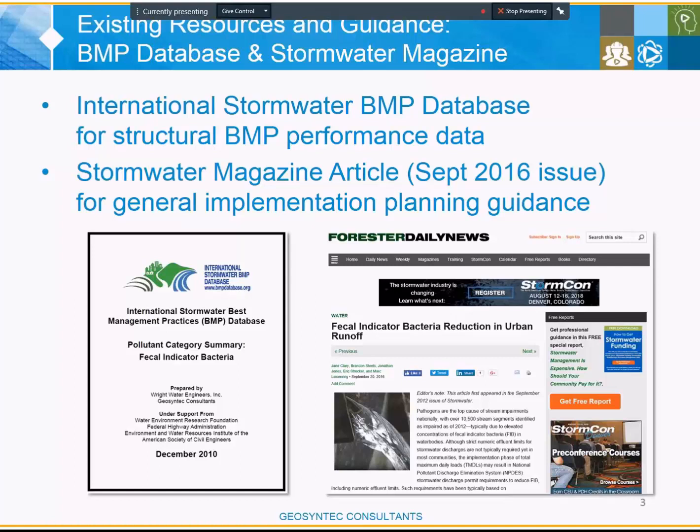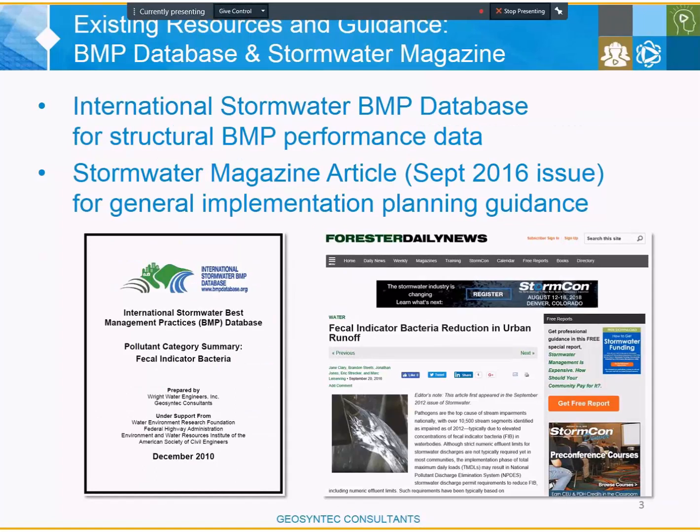Also, the topic of today's presentation is a topic of an article that we wrote in Stormwater magazine originally in 2012, and then it was reprinted in 2016, shown here. You can Google that document, so feel free to access that article in that trade journal for more information on non-structural and structural BMP planning and selection for bacteria.